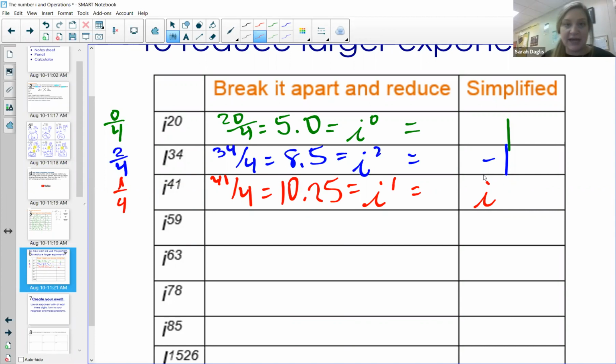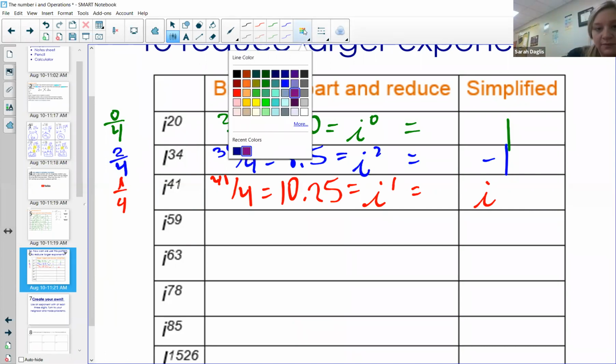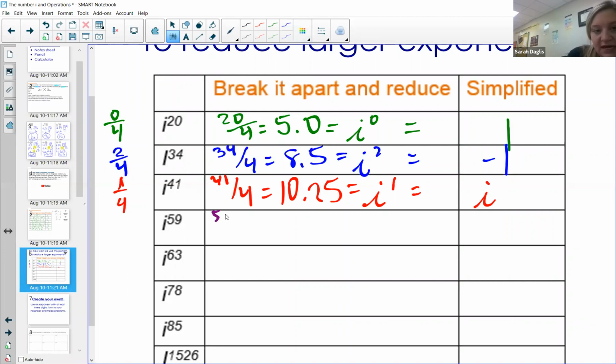All right, 59. Let's do some purple. So 59 divided by 4 gives me 14.75. So if we look at 0.75, how can we rewrite that as a fraction with 4?